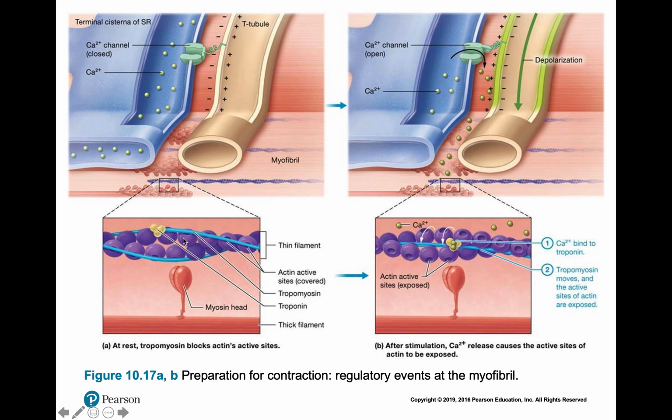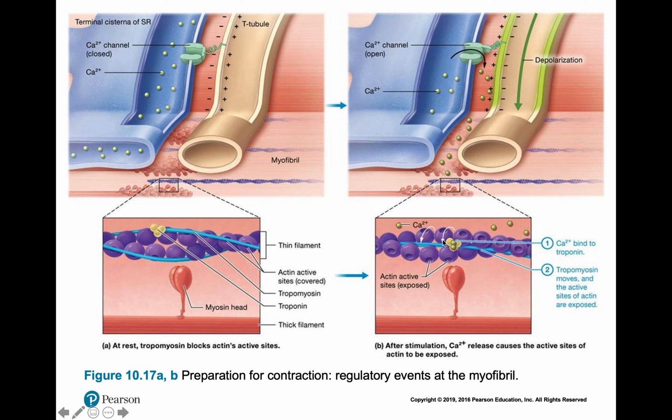So when calcium gets released, calcium will bind to troponin. Troponin will change shape. Because troponin is also bound to tropomyosin, when it changes shape, it slides tropomyosin out of the way and exposes the actin active sites. And now myosin can bind.